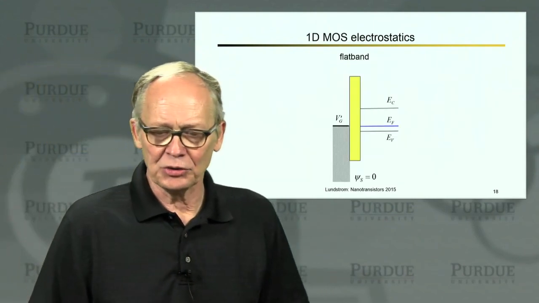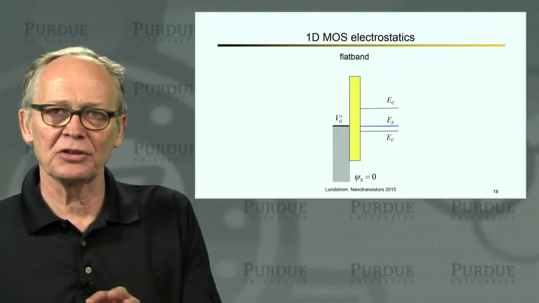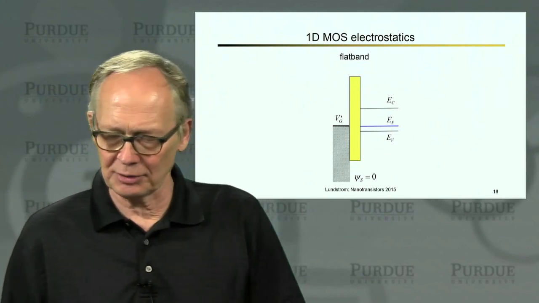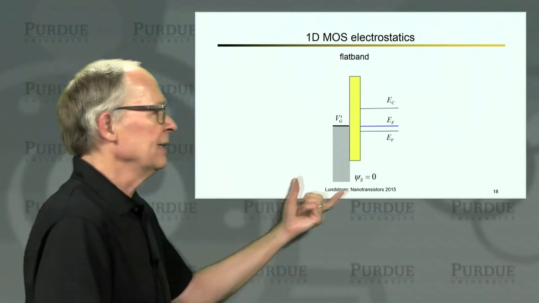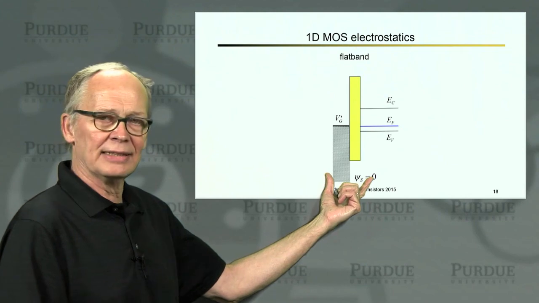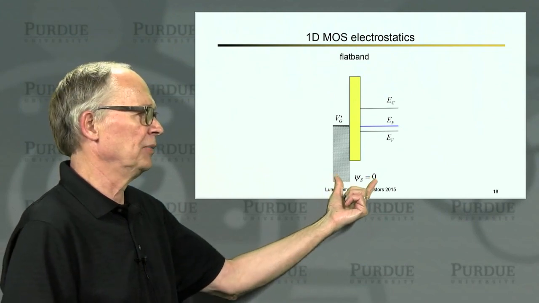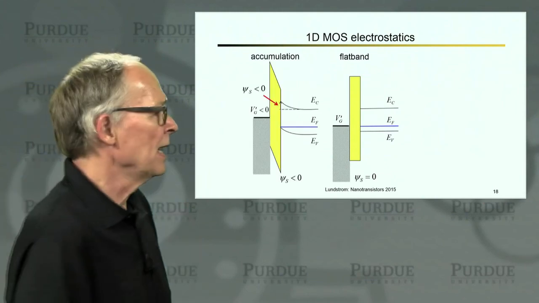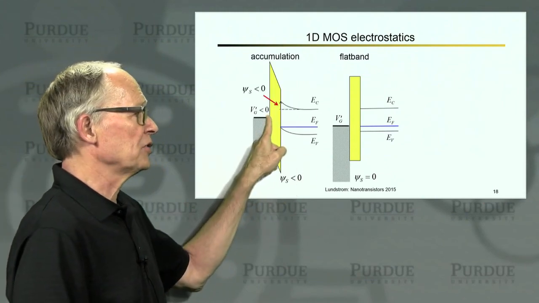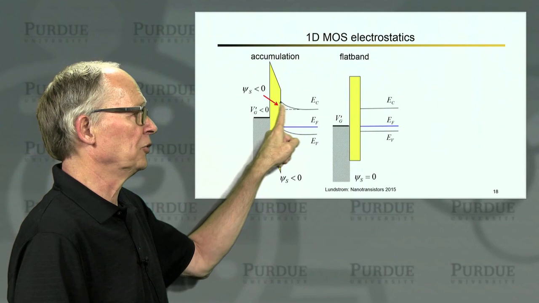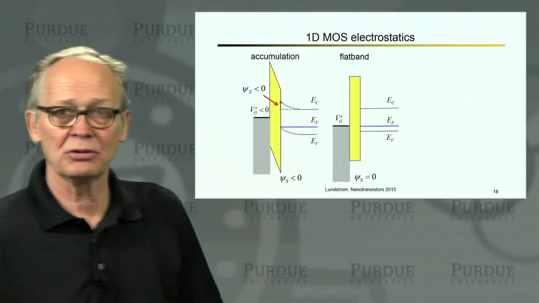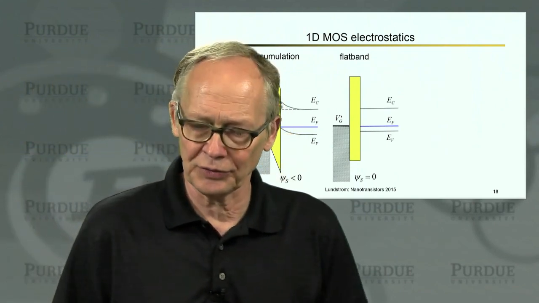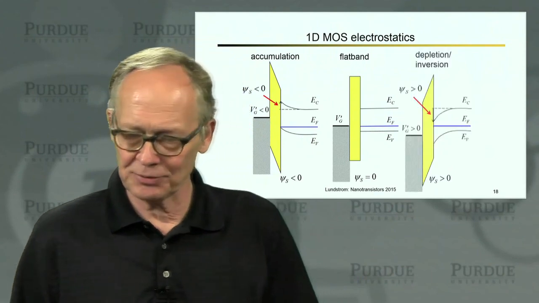Okay, so just to summarize, in MOS electrostatics, we can visualize it in terms of these energy band diagrams. When we apply 0 volts on this hypothetical gate metal, we have 0 potential everywhere in the semiconductor. We're at flatband conditions. When we apply a negative voltage to the gate, we bend all the bands up. We have a negative surface potential. Holes accumulate near the surface. We call that accumulation.